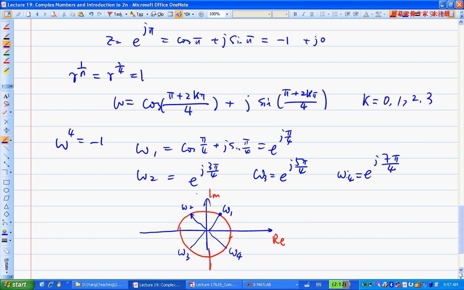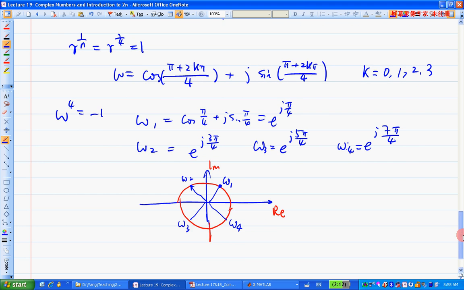Good. Complex numbers don't stop here. Usually there is a dedicated course called complex analysis, where you keep going and do derivatives and integrals with complex numbers, everything in the complex domain.